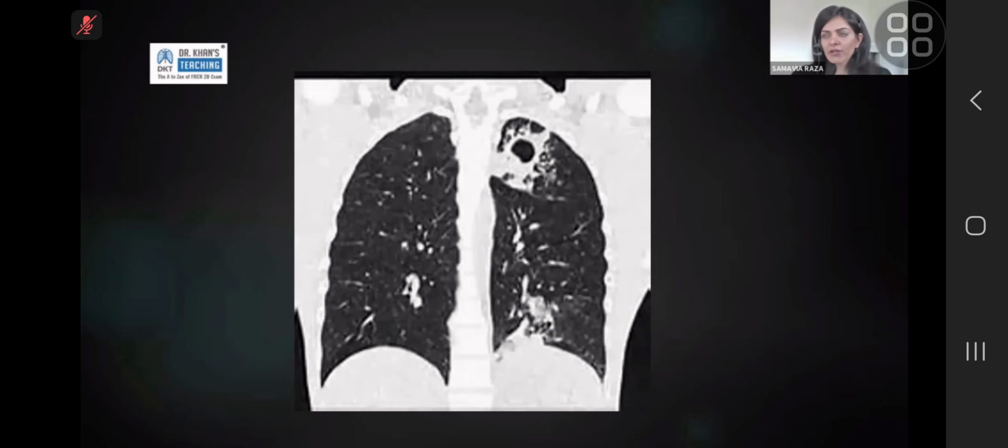The one thing you're looking for to rule out or rule in active infection is tree and bud nodularity. So if you see tree and bud nodularity on the CT today, you can't actively say that this is old TB. You have to point out that they may still be infectious, or they likely require ongoing treatment.